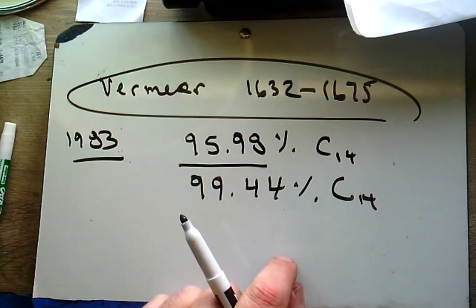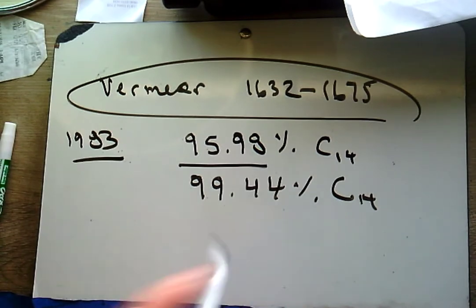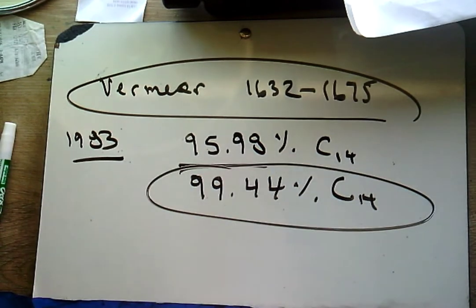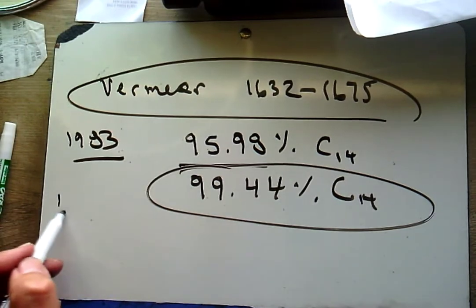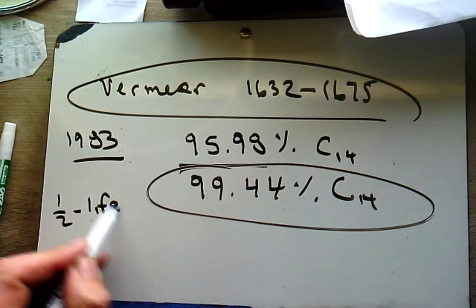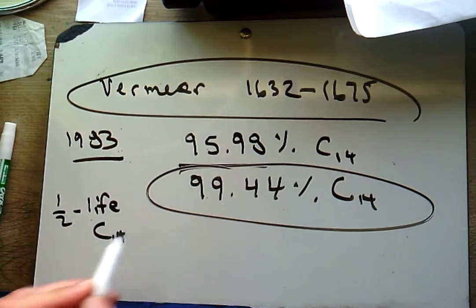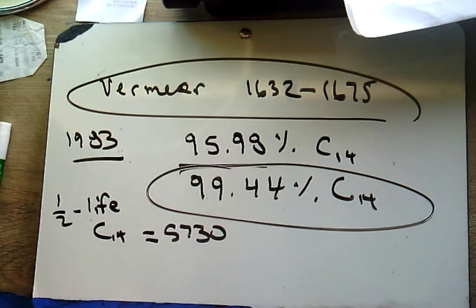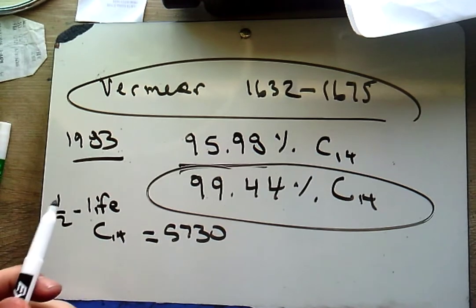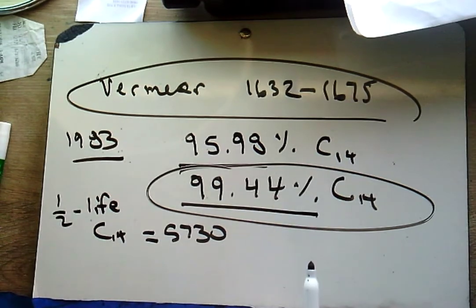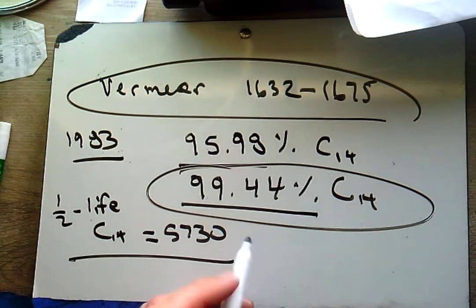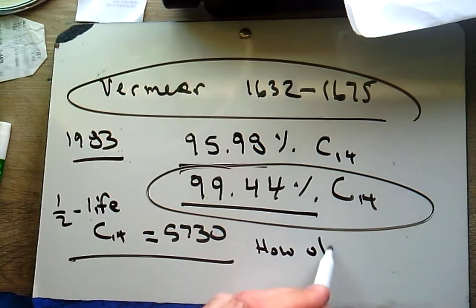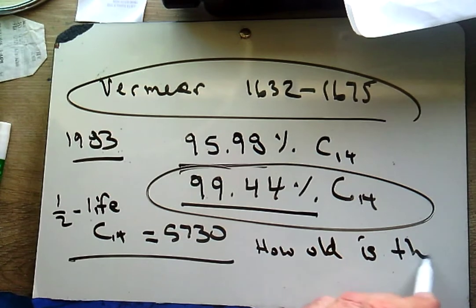So what I'd like you to do is, given this, and of course remember the half-life for carbon-14, I'm using 5730. Okay? So what I'd like you to find out is, if this percent remained, and this is the half-life for carbon-14, how old is that painting?